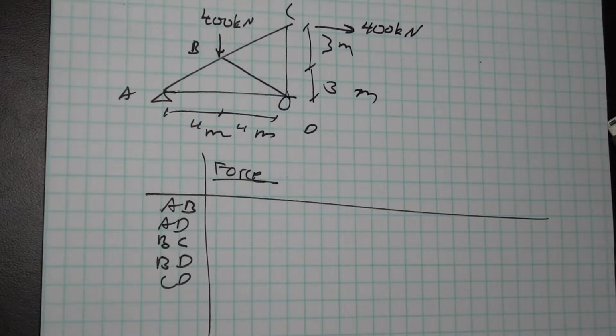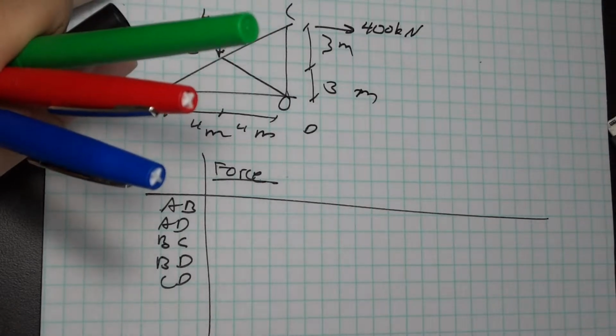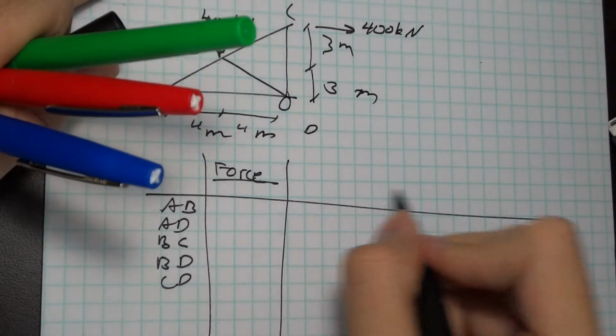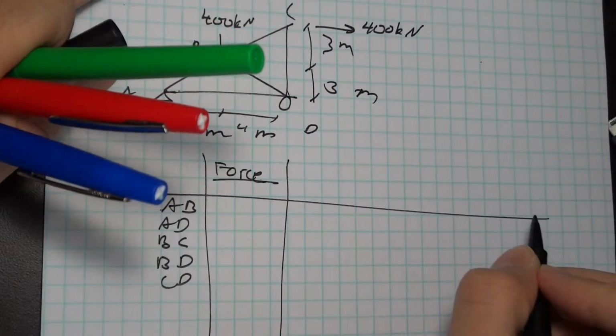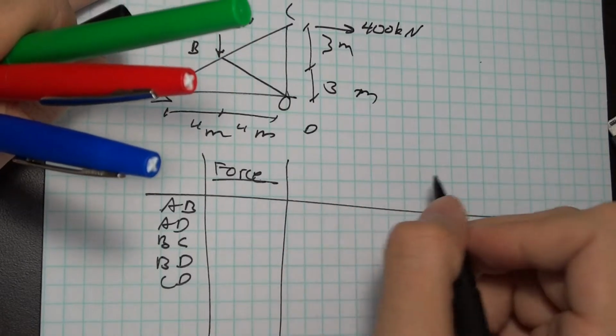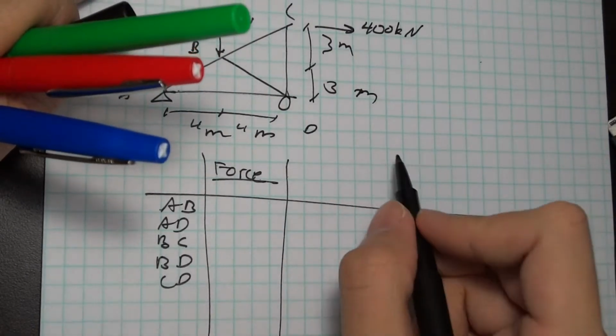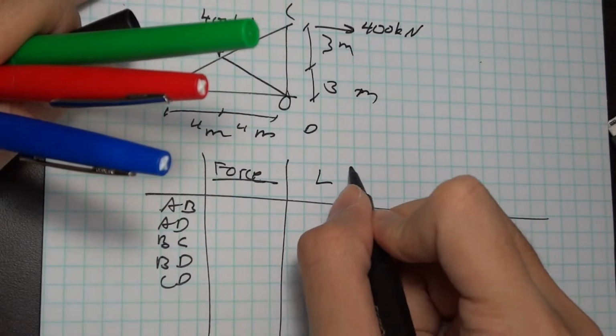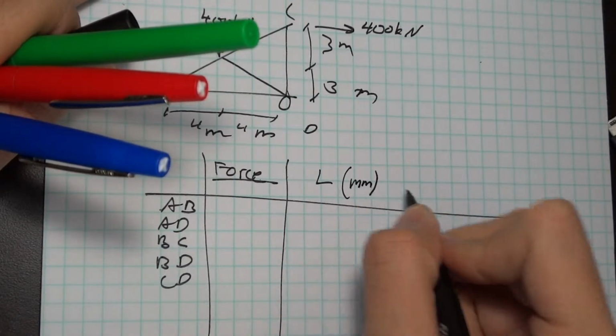Once you have that, in the same table, well, you can arrange this table however you'd like. I'm doing this in a bad order. You can do it in a better order. Just as long as you have everything here, you should be fine. You want to keep track of the length in millimeters. You want everything to be consistent.